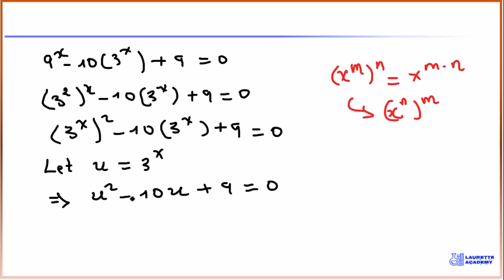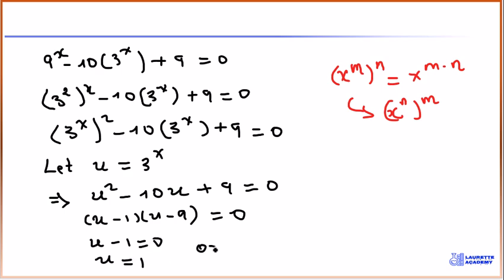So this one is easily factorizable, and the factors are u minus 1 and u minus 9. This is equal to 0. So we'll have that u minus 1 equals 0, and so u equals 1, or u minus 9 equals 0, so u equals 9.